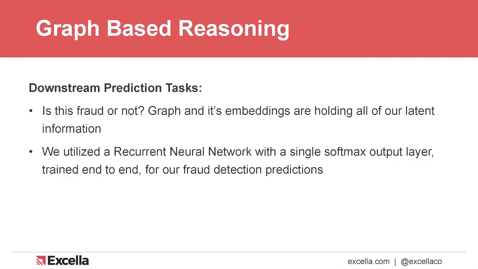That provides us with an extremely rich embedding structure. And so when we look at how to do computations over this, we can look at all of the latent information that we can possibly glean from the world on the same embedding space. It's called a manifold. What we do from there is pretty standard deep learning work, where we run a classifier, specifically a recurrent neural network, over that for fraud predictions.